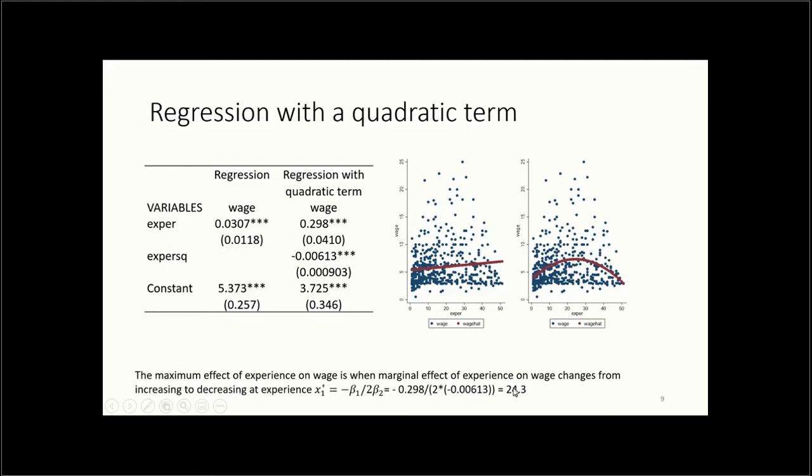And if we want to estimate it more precisely, x1 star would be equal to minus the coefficient on the variable divided by twice the coefficient on the squared term of the variable, and that would be 24.3. So at 24.3 years of experience, until then, we would have an increasing marginal effect.